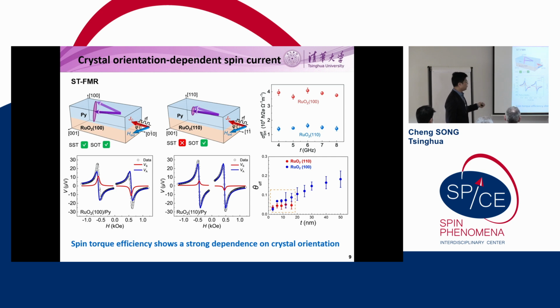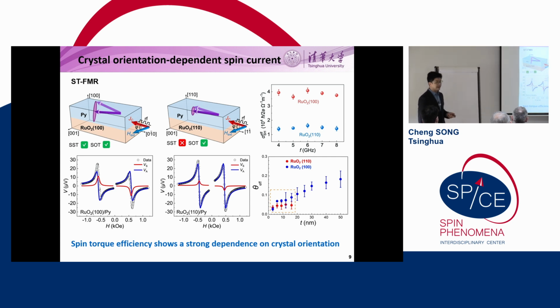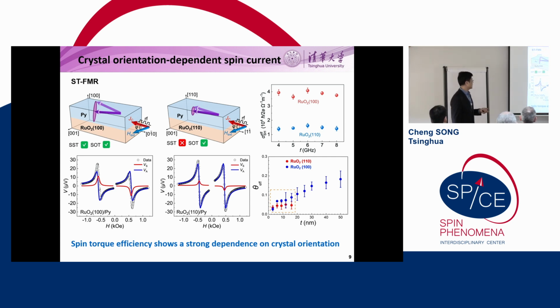You can see in the spin torque FMR signals that the symmetric signal for this sample is much larger than for the control sample, indicating a larger effective spin Hall angle. The effective spin Hall angle of ruthenium oxide 100 is much larger than the control sample.